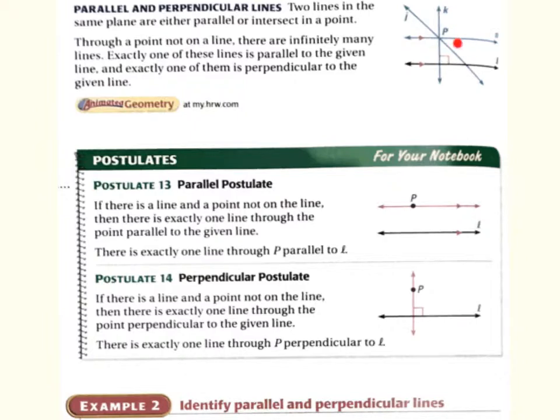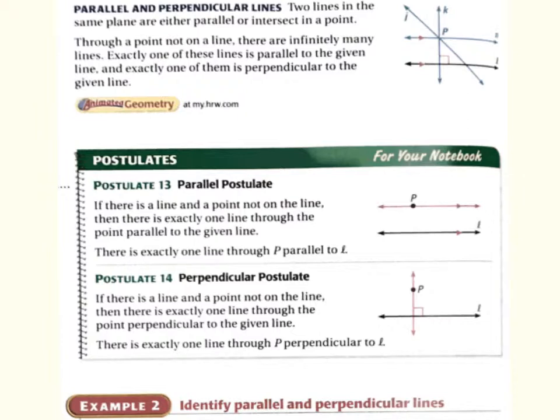We could have lines going here, here, here. It can go all different directions. Exactly one of these lines is parallel to the given line. So going through point P and parallel to line L, we have this line right here, line N. And exactly one of them is perpendicular to the given line, making this 90-degree angle here. So line K would be the one that is perpendicular through point P to line L.